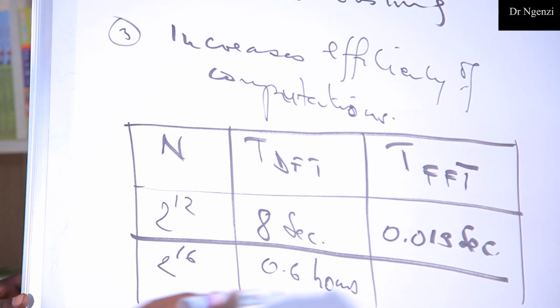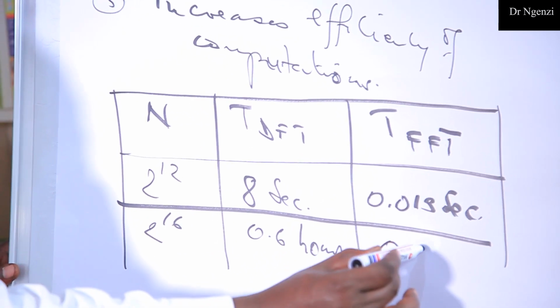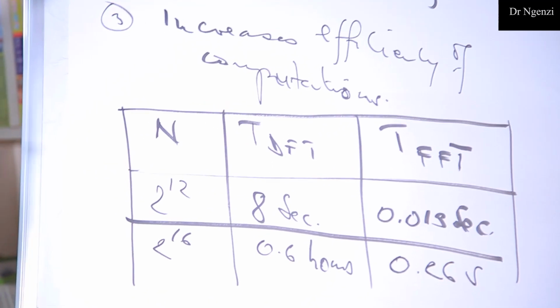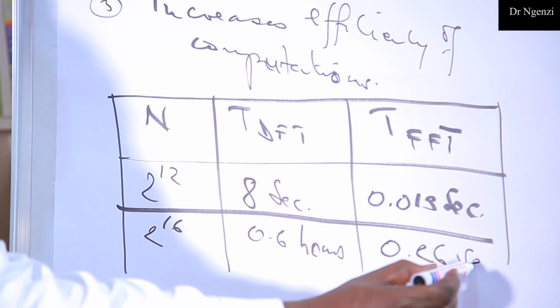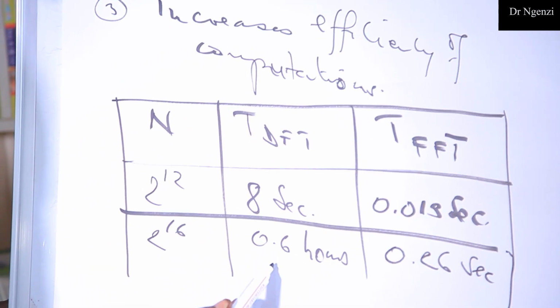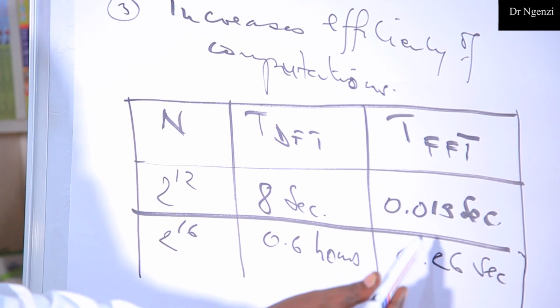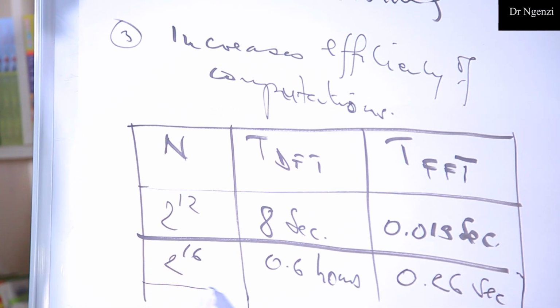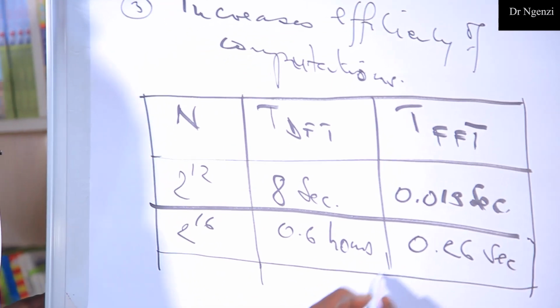So here, it's going to be 0.26 seconds. Yes, it's going to be 6 seconds. So you can see these are the hours, but it has been reduced to a very small quantity at the FFT.